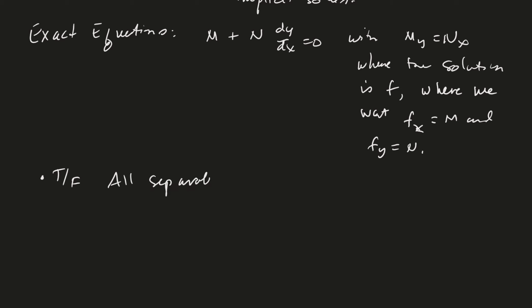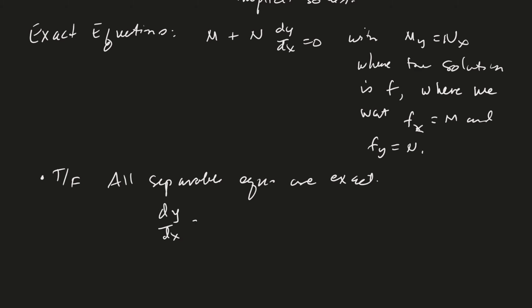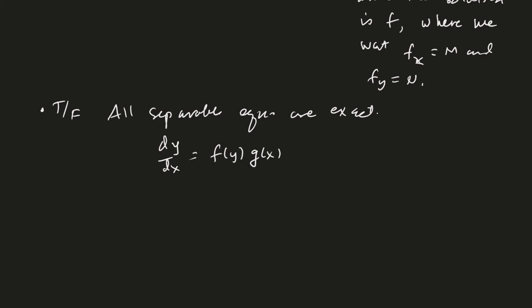All separable equations are exact. I wonder if that's true. dy over dx equals, if it's separable, you can write it as f of y times g of x. And notice that in that case you can write this as 1 over f of y, times y prime.